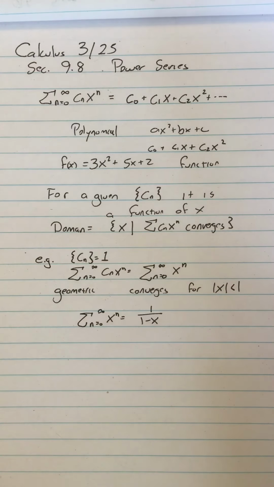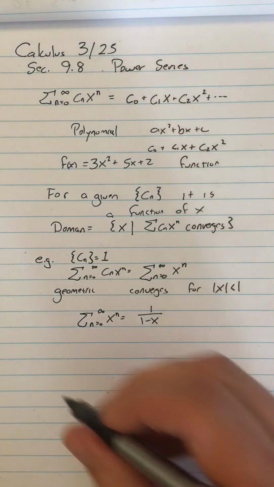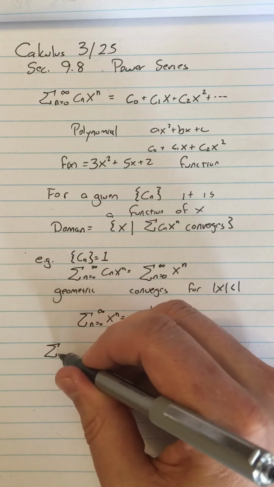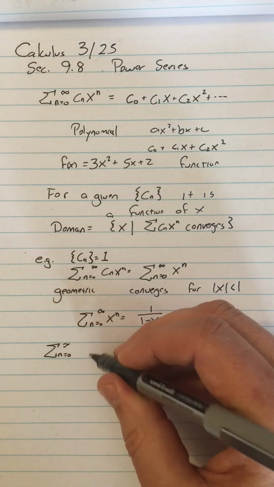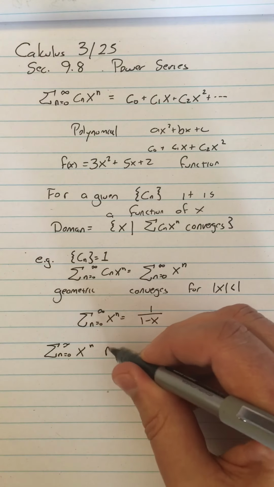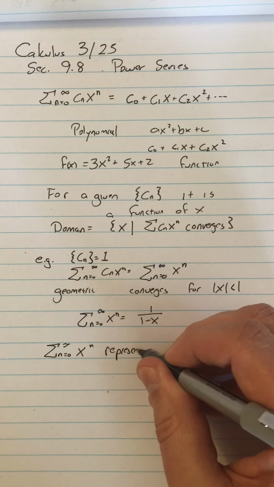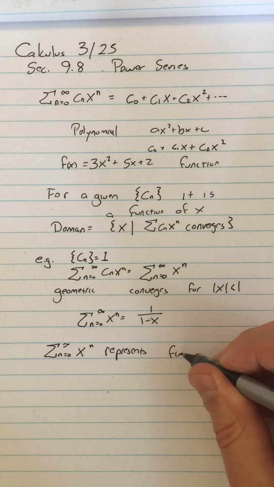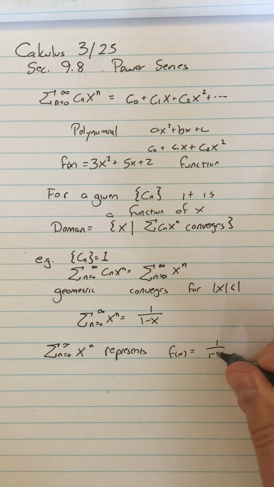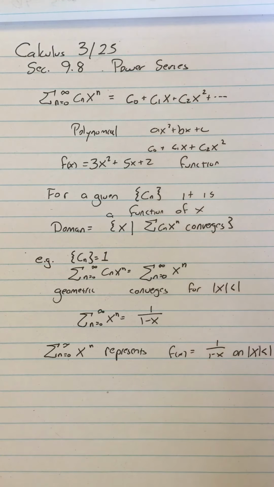That's just our sum for a geometric series. So what we're going to say is that the sum from n equals 0 to infinity of x to the n represents the function f of x equals 1 over 1 minus x on the interval absolute value of x less than 1.